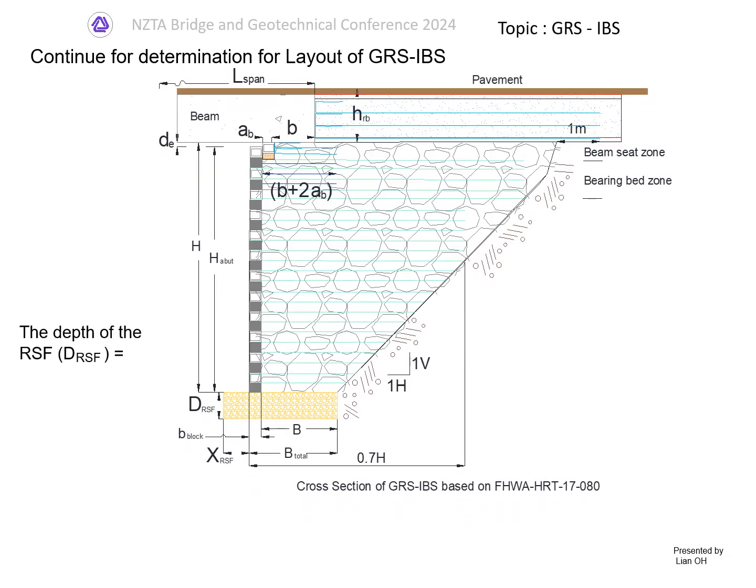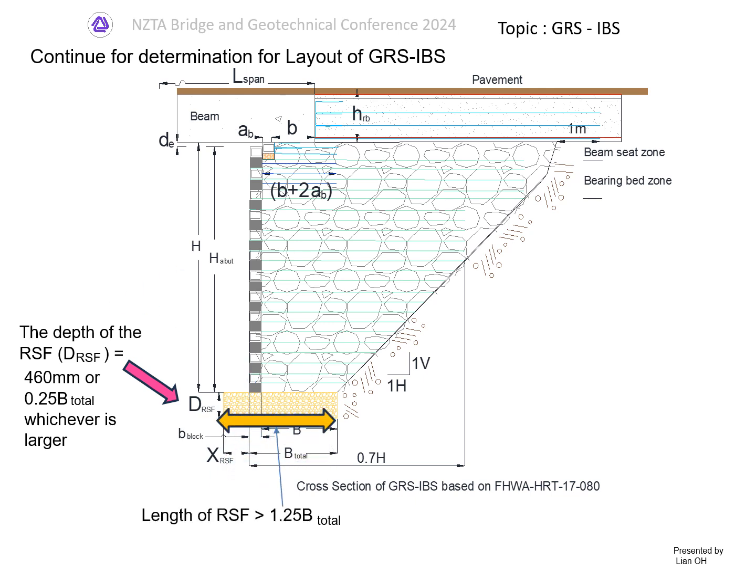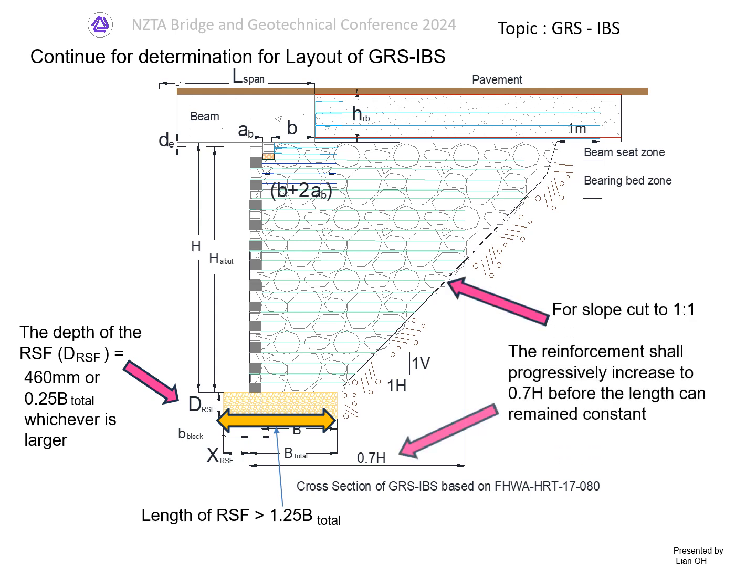The depth of the reinforced soil foundation shall be greater than 460 mm and the length shall be 1.25 B total. For slope cuts to 45 degrees, the reinforcement shall progressively increase to 0.7 H.